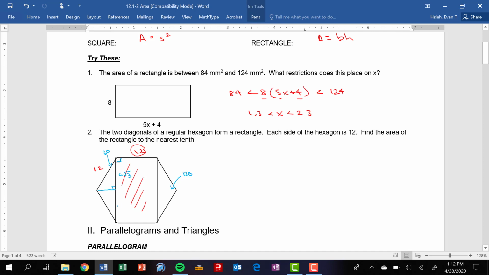That makes this 6 root 3, as well as this will be identical to that, 6 root 3. So it's going to be 12 times 12 root 3 equal to the area of the rectangle, or it's just going to be 144 root 3, and we can leave it like that in exact form.